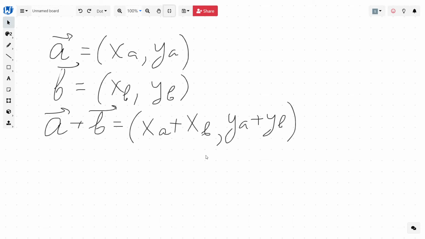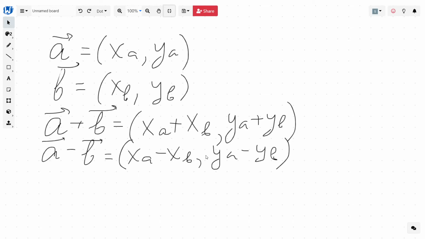Now, if you want to subtract vectors, that's also fine. We're going to subtract the coordinates. Now, if you want to multiply a vector by a scalar, which means by a number, let's say I have a number c and I'm multiplying vector a.